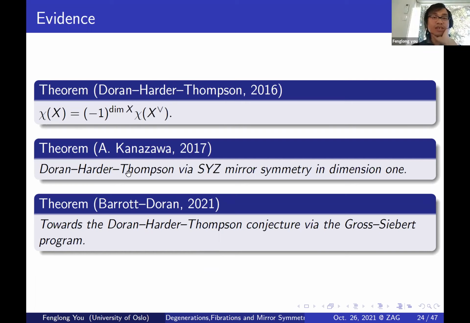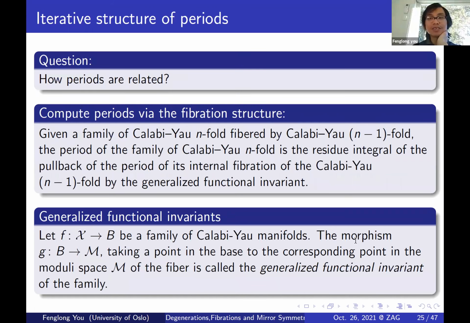This can also be studied by using SYZ mirror symmetry for elliptic curves. You can also try to study this conjecture using the Gross-Siebert program. What I want to talk about here today is slightly different. I want to talk about the periods.